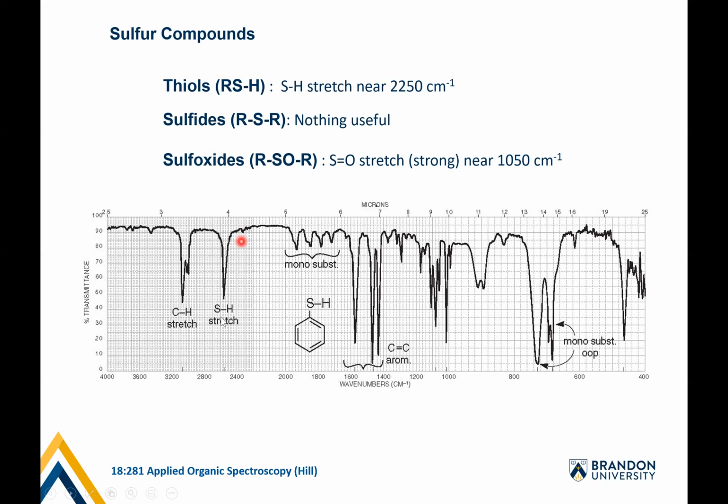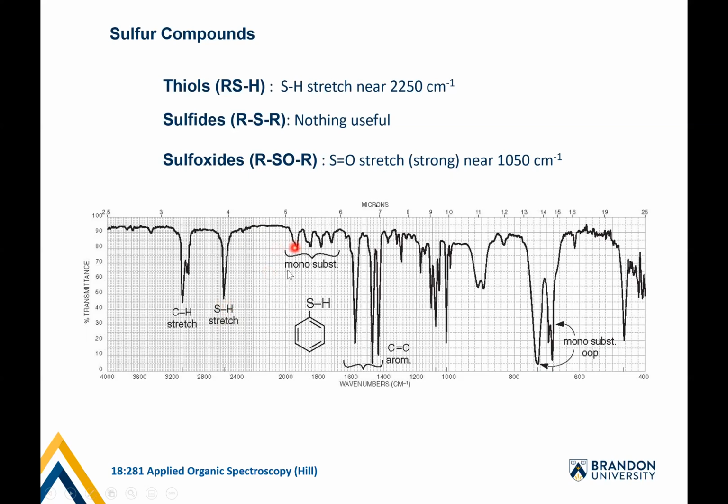You'll notice that carbon-hydrogen stretches are here, and oxygen-hydrogen and nitrogen-hydrogen stretches are in this region, so it's shifted towards the left. This makes sense. Sulfur is a larger atom, more reduced mass, which reduces the frequency. So that's why you see it shifted from where the OH and NH stretches are to here.